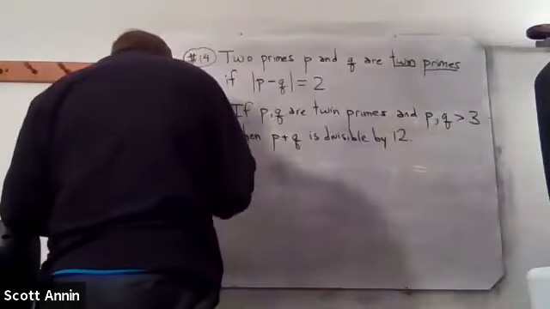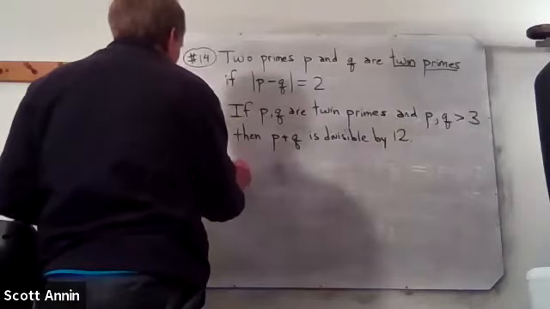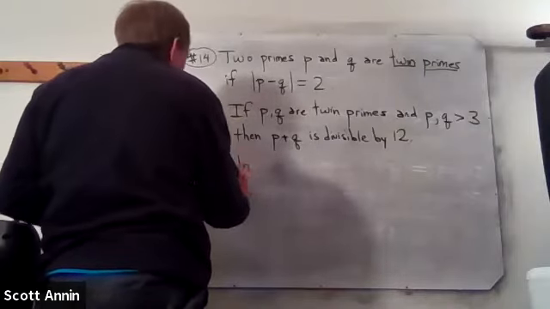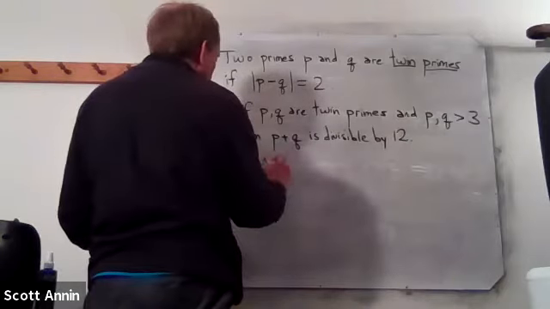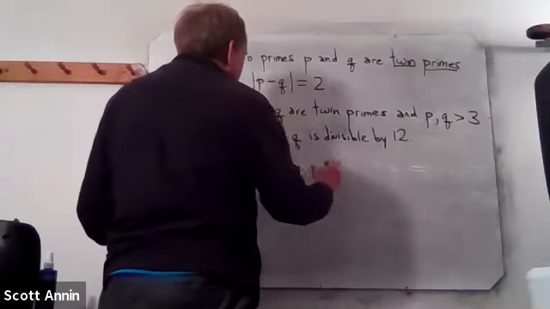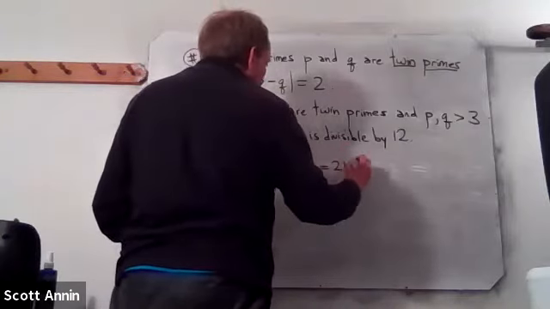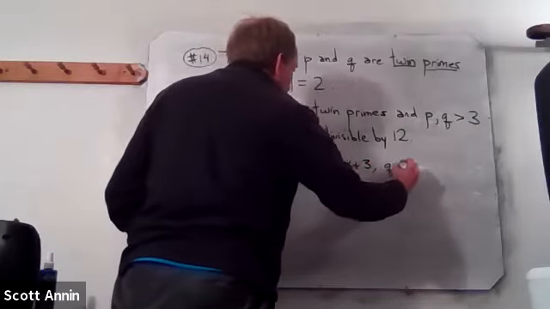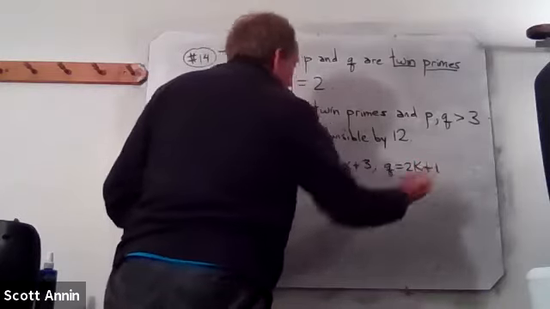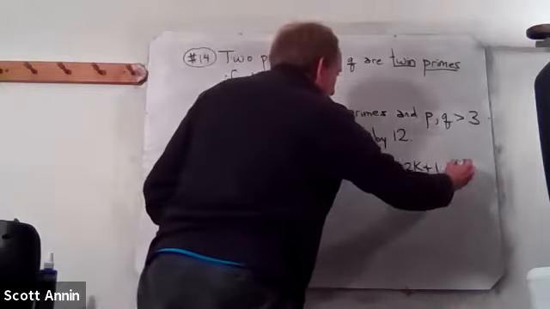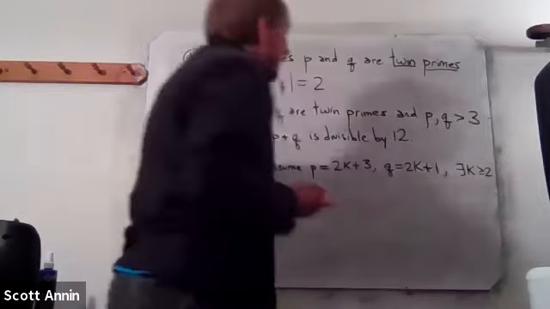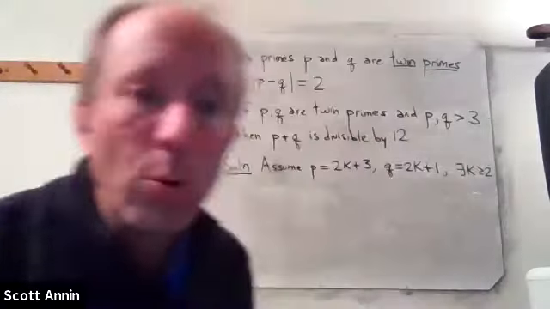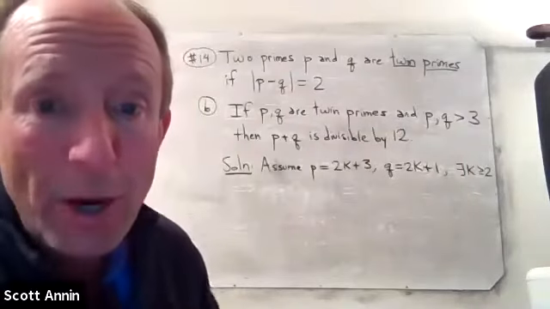And the solution follows the approach of what I was just talking about a moment ago, which is, let's assume that P is 2k plus 3 and Q is 2k plus 1. And in this case, I guess we can say that k is an integer that's at least 2, because we're not allowing 3 to be one of our twin primes.